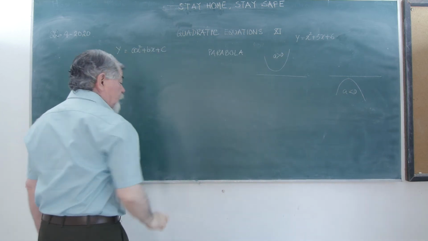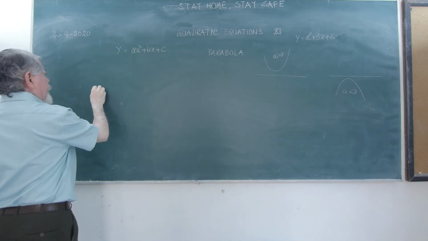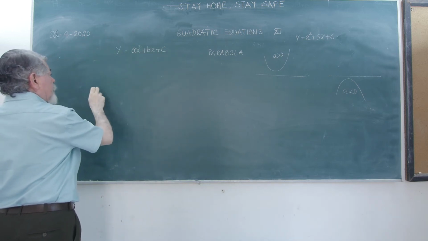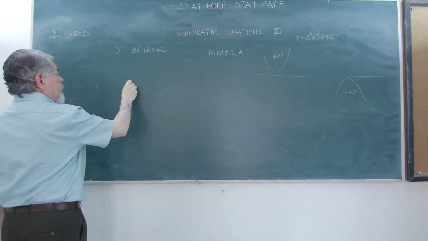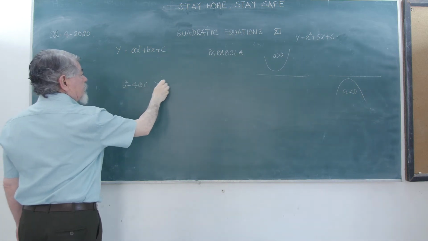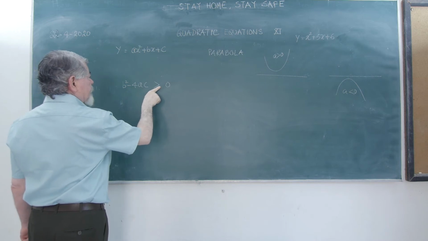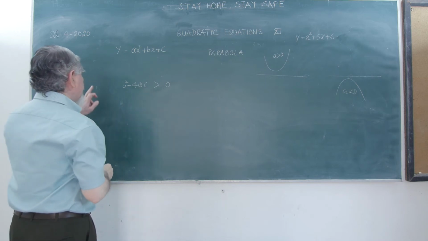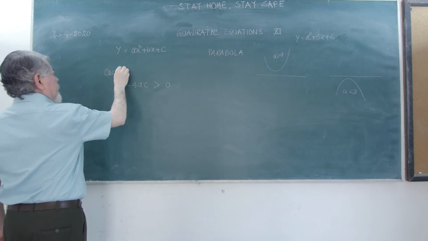Now, let us relate it to our roots. When we were discussing roots, we said b square minus 4ac is greater than or equal to 0, and we said three cases actually. Let me take first greater than 0, case 1.